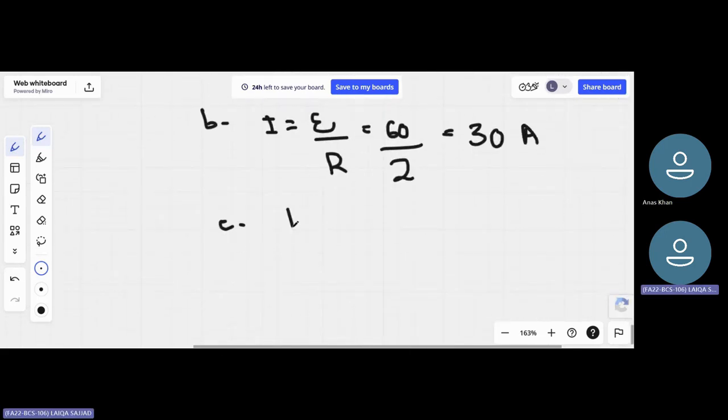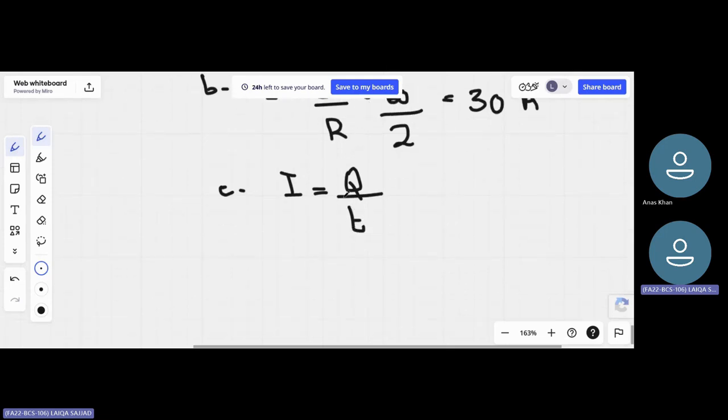It means that I is equal to Q by T, the number of charges that move per unit time. Now we have the current and we know the time as well. So to find the total charge that flowed, we use the formula Q equals IT.